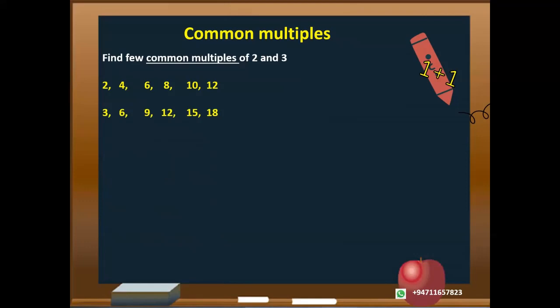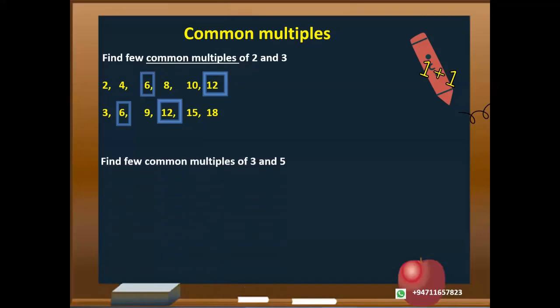Then we'll try to find what are common. Common means the multiples that we can see in both the lines. So if you take 6, 6 is a multiple of 2 and 3 both. Therefore, 6 is a common multiple. And 12 is also a common multiple of 2 and 3. So if you write more multiples, you will get many more common multiples.